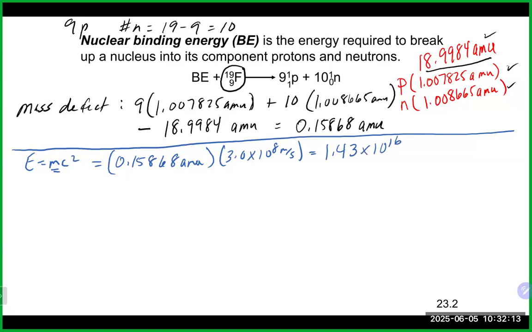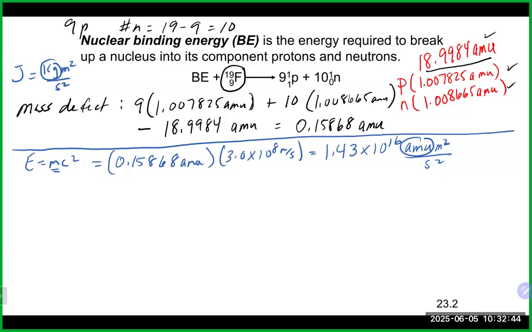Now the units here that I have at this point are AMU, meter squared, per second squared. And this actually does not equal a joule. What does equal a joule is something that's very close to it that you may remember. A joule is equal to a kilogram, meter squared, per second squared. So essentially, kilogram is what we need to get up there to get that into a joule.